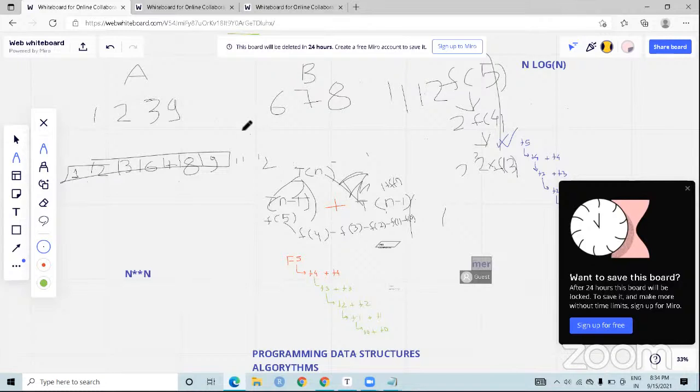Suppose we have n square and 2n square. Here we can say that n square is less than or equal to 2n square, because we can find a c such that c times n square, here 2 into n square, is definitely bigger than n square.